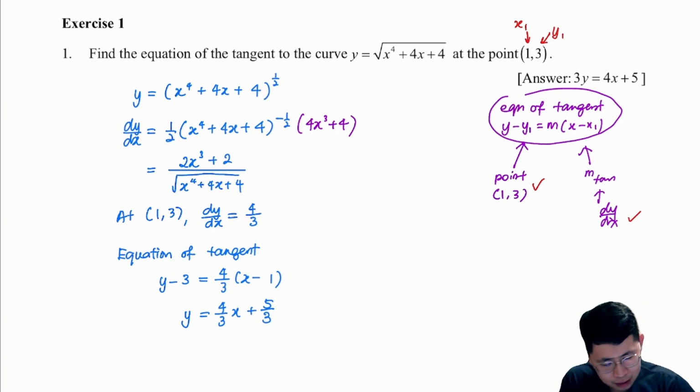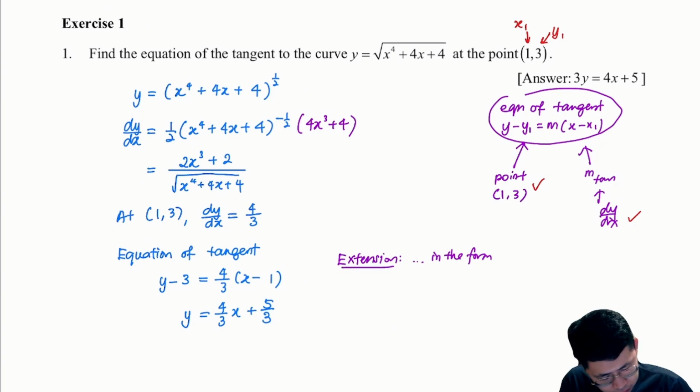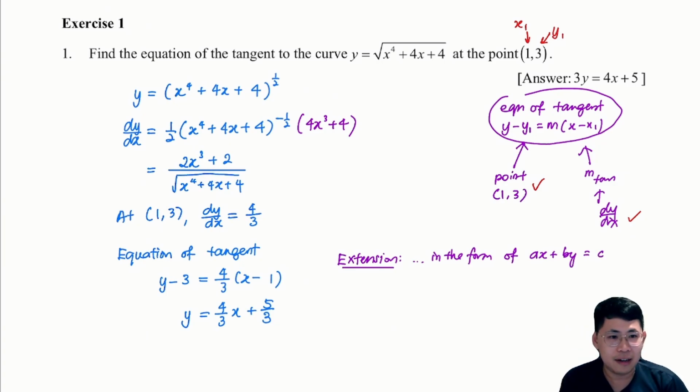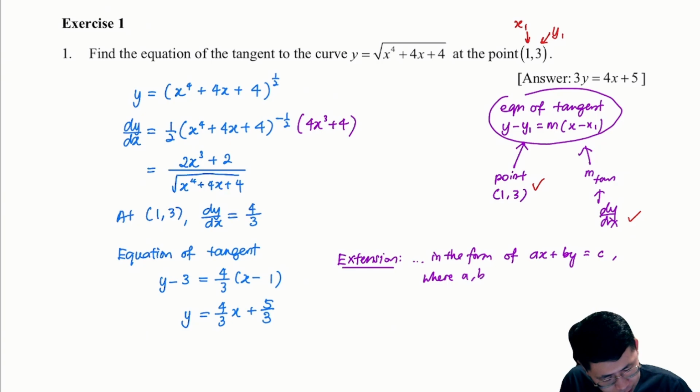Now, a little bit of extension. If they were to ask us to express in the form ax plus by equals to c, this tells us that the x and y must be on the same side, and we will need to make it linear where a, b and c are integers, so we need to make them whole numbers.